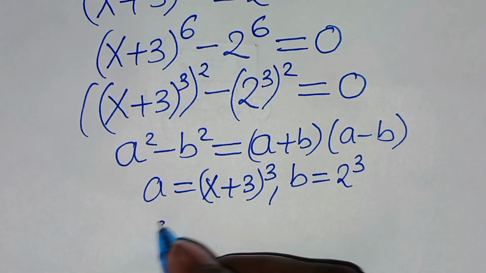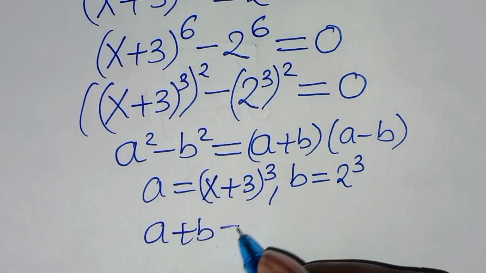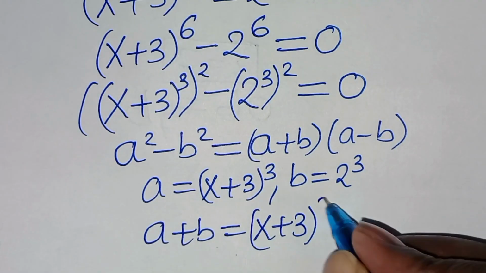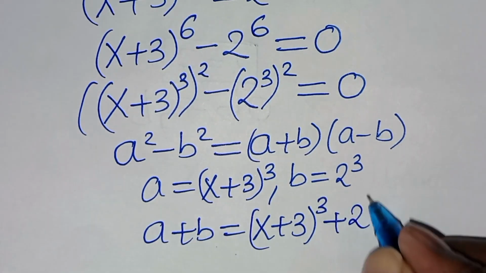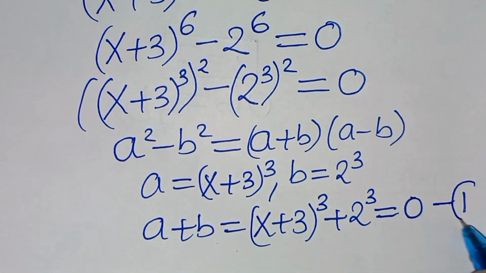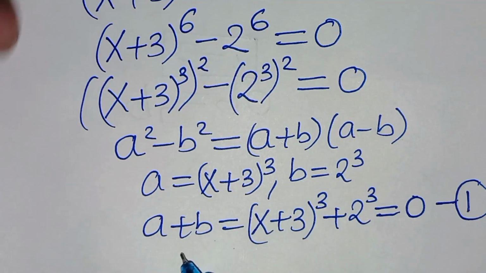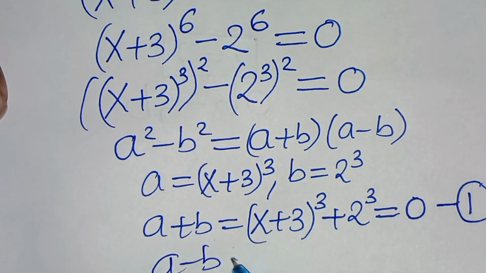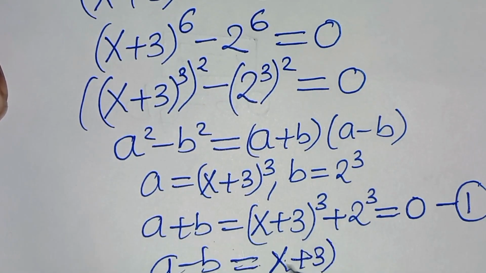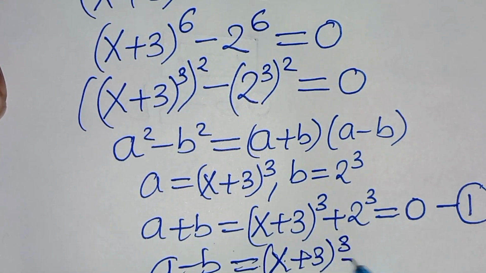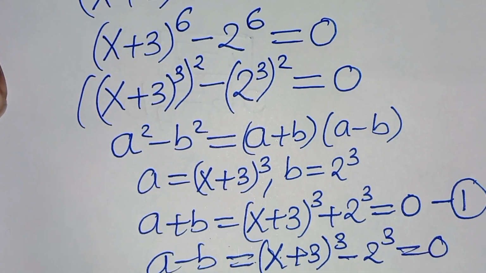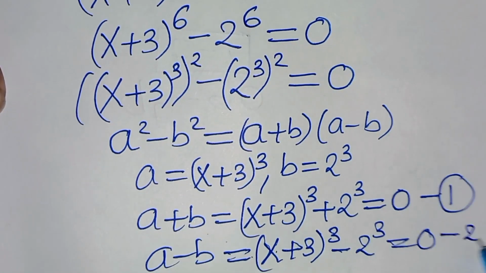So this implies that a plus b, the same thing as (x+3)^3 + 2^3, is equal to 0. Let's call this equation 1. And a minus b, in this case (x+3)^3 minus 2^3, is equal to 0. Let's call this equation 2.